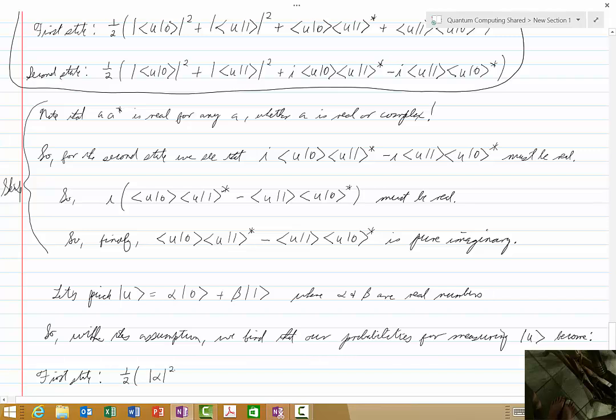So we'll have magnitude of alpha squared plus magnitude of beta squared plus alpha star beta plus alpha beta star.